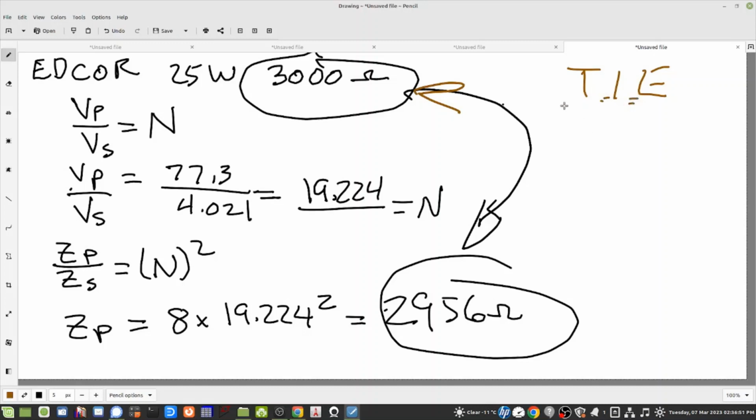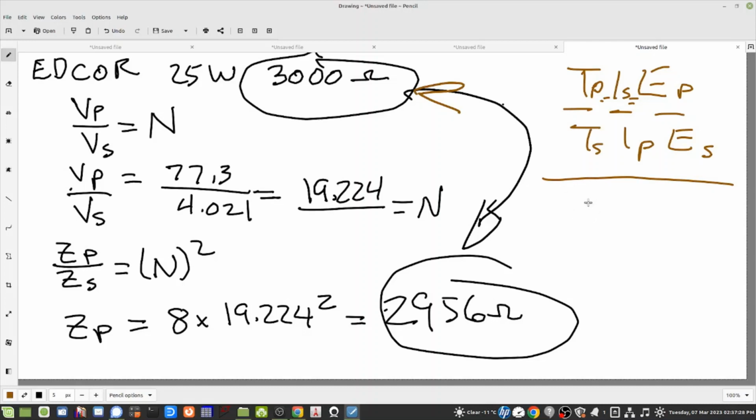Primary, secondary, primary, secondary, primary, secondary. There's our TIE formula for determining our turns ratios. Or, of course, if you know what your turns ratio is on the transformer, and you know the secondary or the primary current, you can calculate the secondary current here.